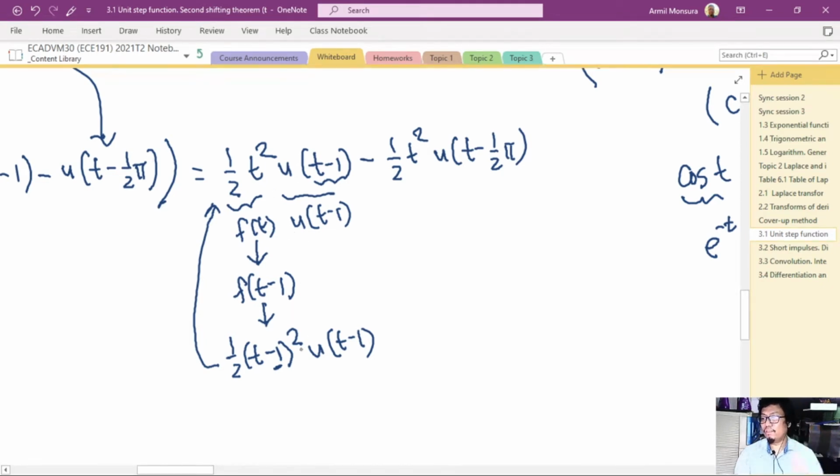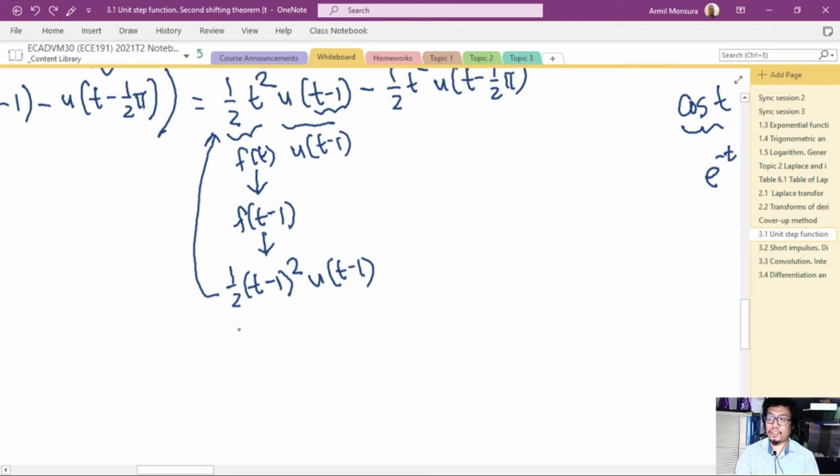And to do that, we need to recognize how many terms we have added. So let's expand this expression. We will have 1 half of t square u of t minus 1. Let's take this part first.